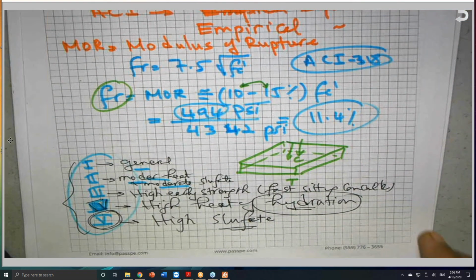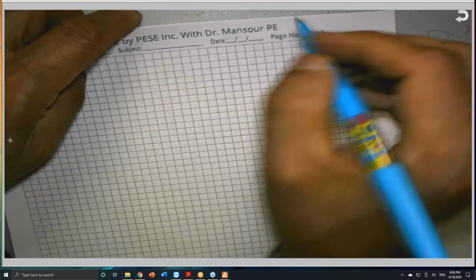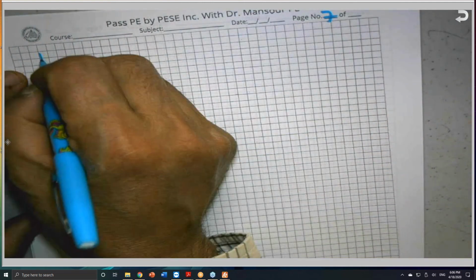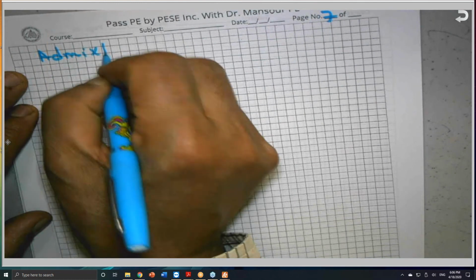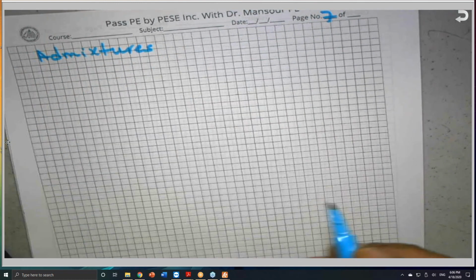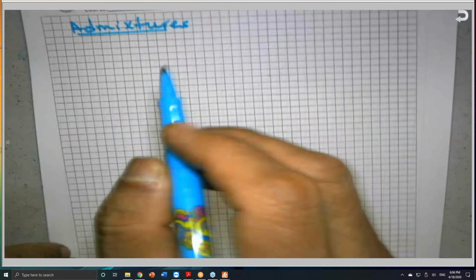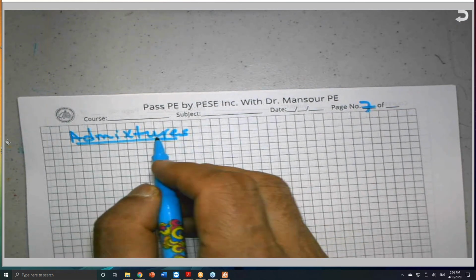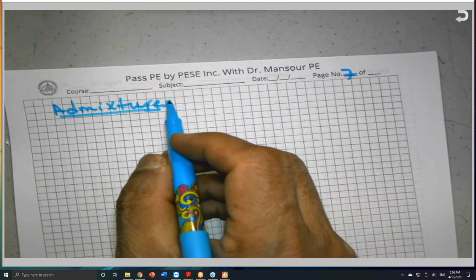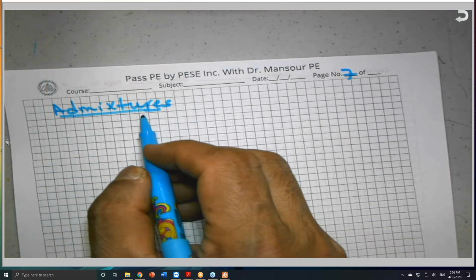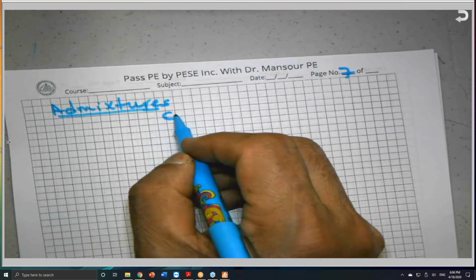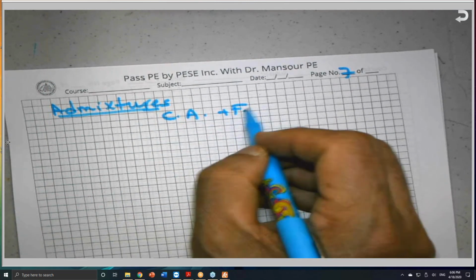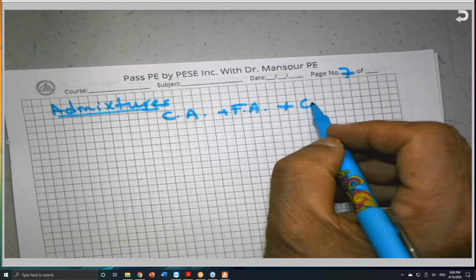Admixtures are the additives that we add to the concrete before or during mixing, and they are other than the 4 basic ingredients: the coarse aggregate, the fine aggregate, the cement, and the water.